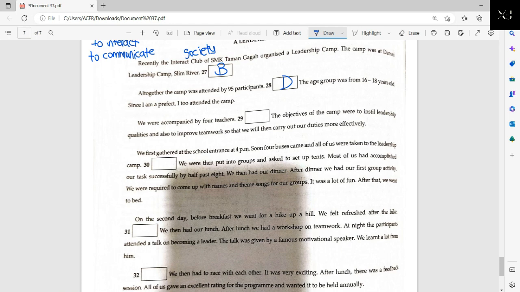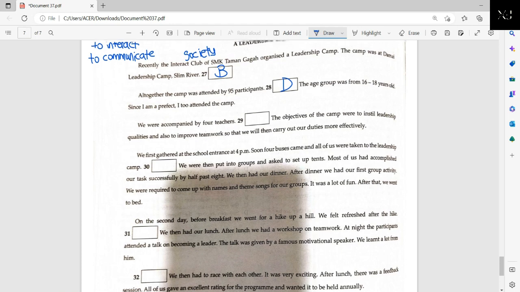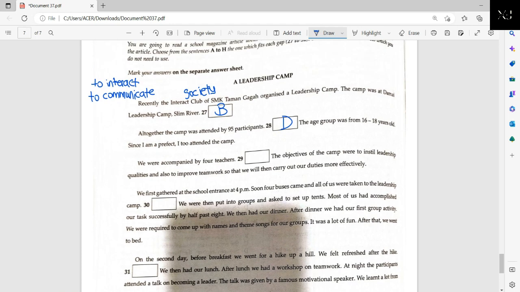We were accompanied by 4 teachers. Only 4 teachers for 95 participants, or is this just from one school? I think it's 4 teachers from this writer's own school. The objectives, the purpose of the camp were to instill leadership qualities and also to improve teamwork so that we would then carry out our duties more effectively.